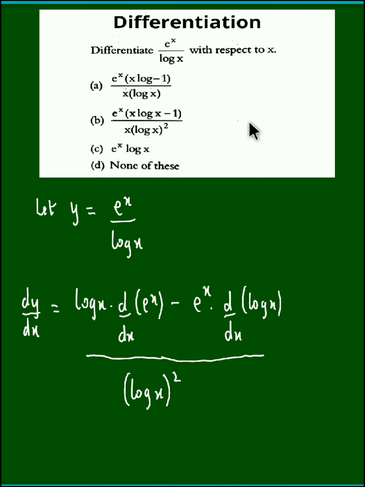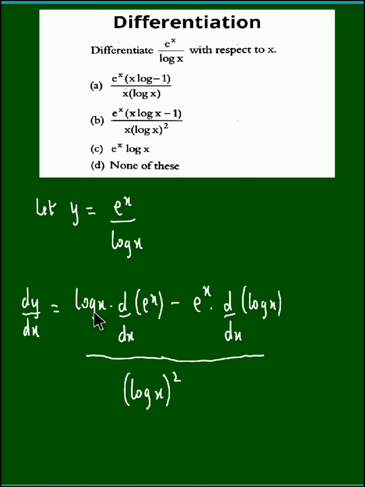Now we proceed further. We obtain dy by dx is equal to, so let's see what derivative we obtain. Now log x would remain as it is. Derivative of e raised to x is e raised to x.